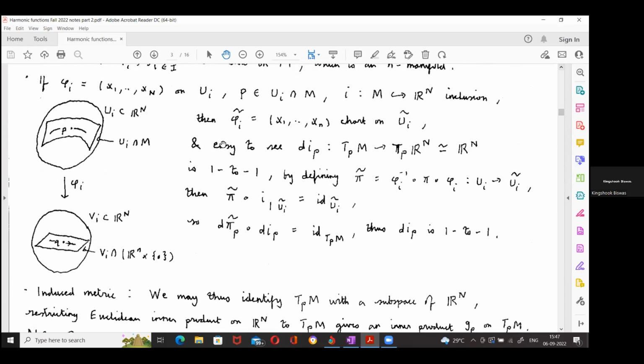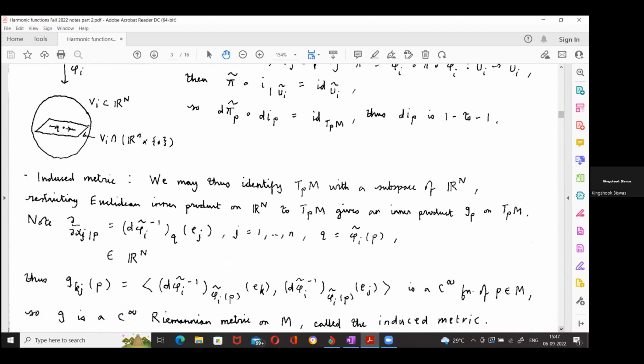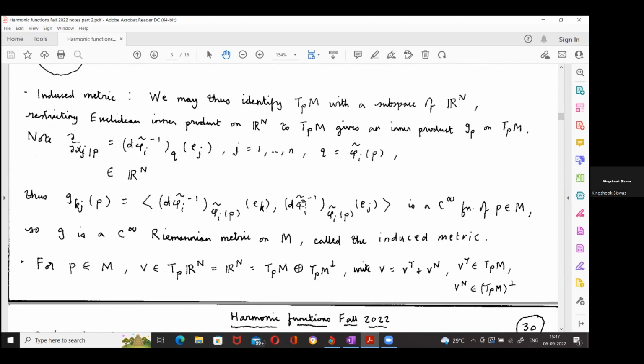It's going to go from this R little n into R capital N, a smooth map into R capital N. So its derivative is smooth. And so this d phi I tilde inverse depends smoothly on phi I tilde of P, and so the whole thing is smooth. Is it clear? Okay. So therefore we get a smooth Riemannian metric on M.